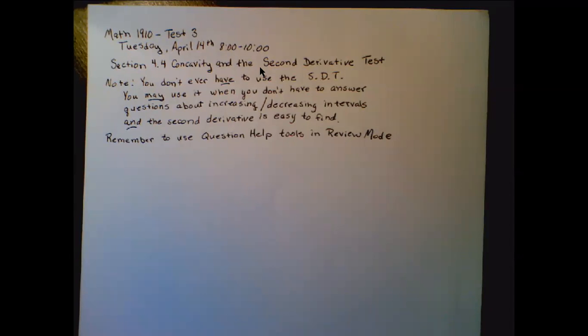If you have a question about increasing or decreasing, you can find relative max or min without having to find the second derivative. The only time I use the second derivative test is when you don't have to answer any questions about increasing and decreasing, and when it's easy to find the second derivative. Basically, if you just give me a polynomial function and say where are the relative max and min, and that's all you ask me, I might use the second derivative test for that. But actually, I use that very, very rarely.